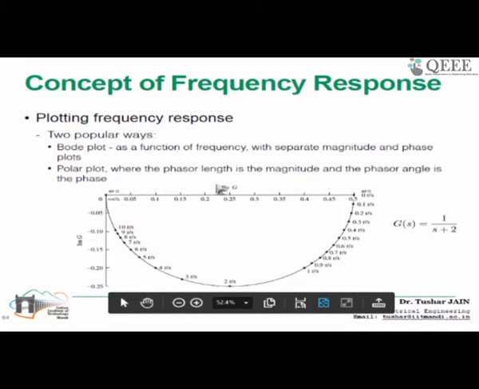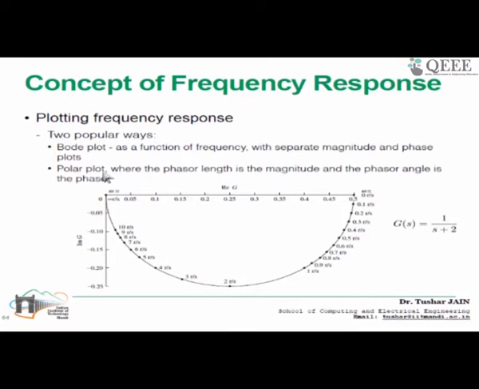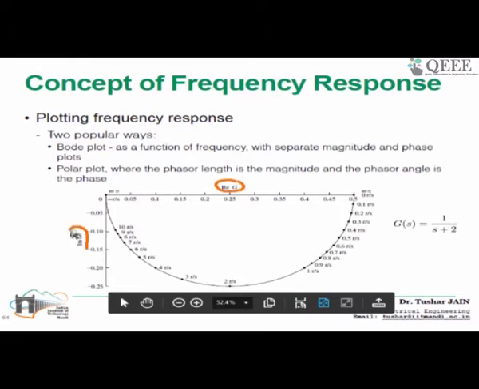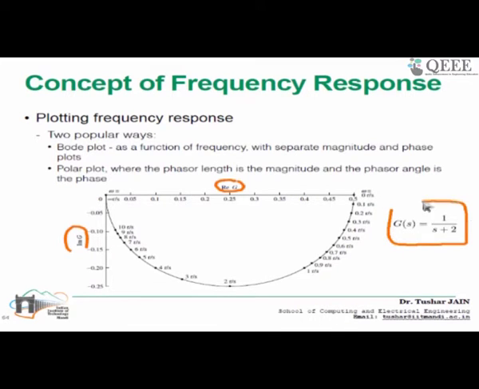So far we were discussing the s-plane only, where the y-axis is the imaginary axis and the x-axis is the real part of s. But here what we are plotting is the real part of G against the imaginary part of G. Let's say I have this kind of plot which starts from omega equal to 0 for this function.